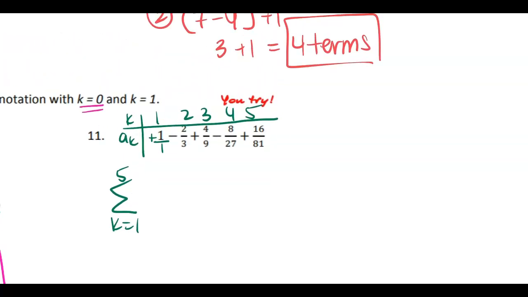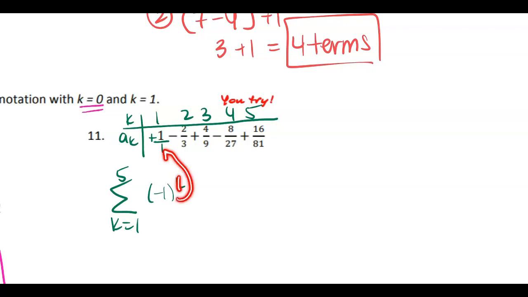There is a pattern, you just have to find it. The first pattern that you should notice is that each of these is switching from positive to negative every single time. So I'm definitely going to have to put that little -1 to the k value, just like we did on the last question. But whenever you're looking at the k, you want to see, is it actually going to give you that sign? So for instance, k to the first power is -1.